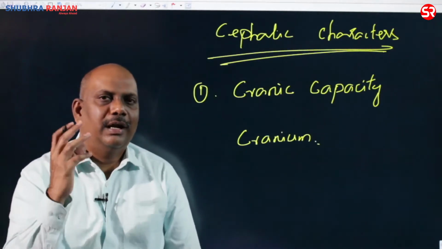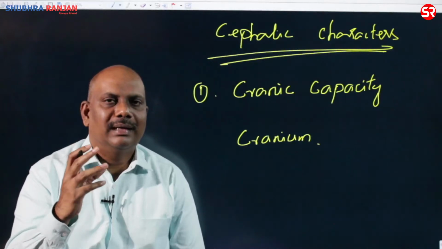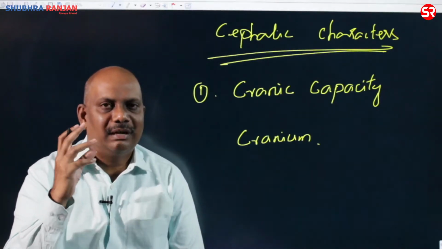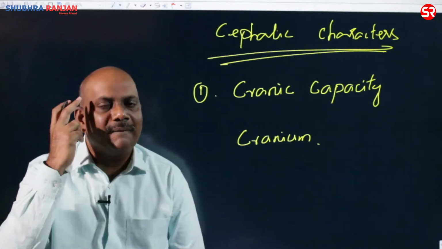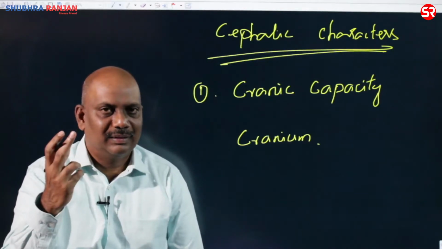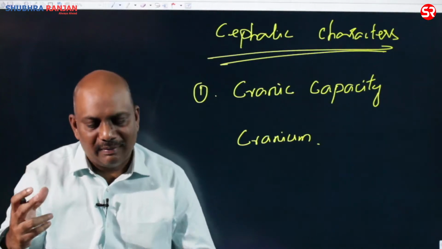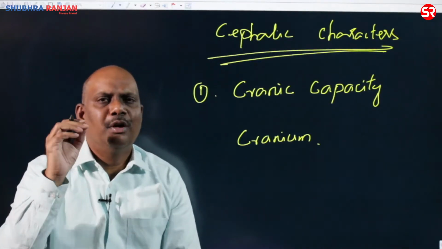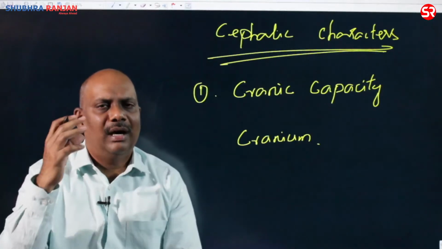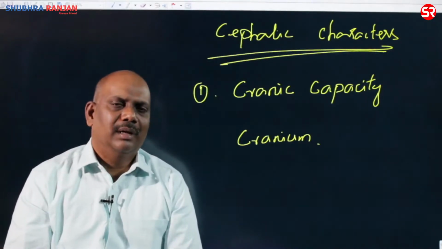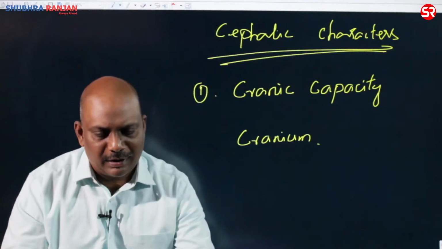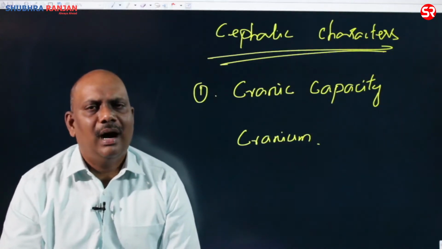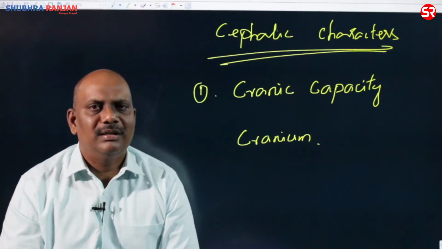I told you cranium refers to a collection of bones which covers and protects our brain. Okay. So we also had a small discussion about few important regions of our cranium. I told you about frontal, parietal, occipital, and temporal. Do you remember all these things?